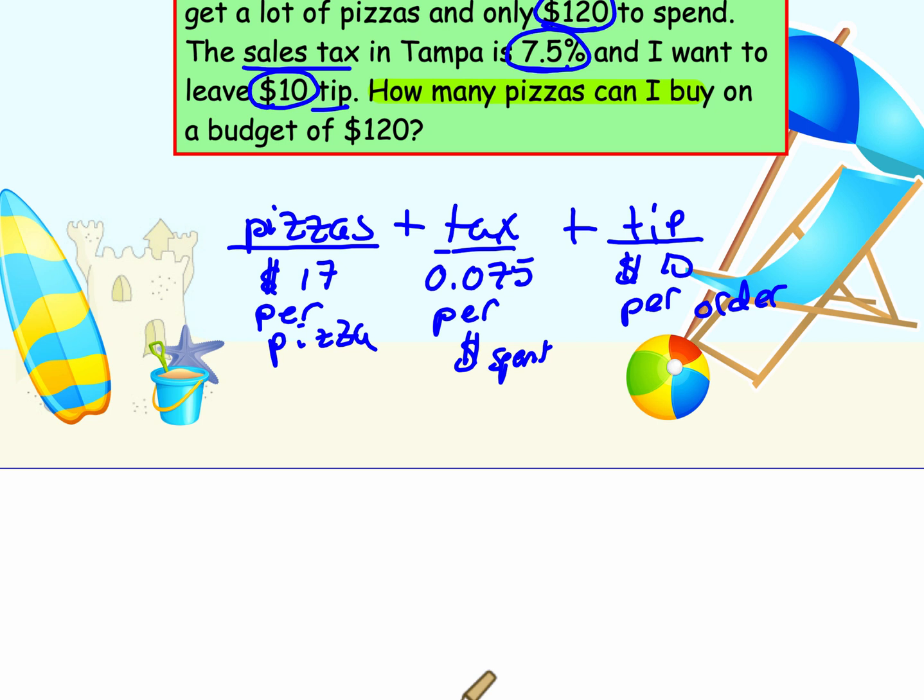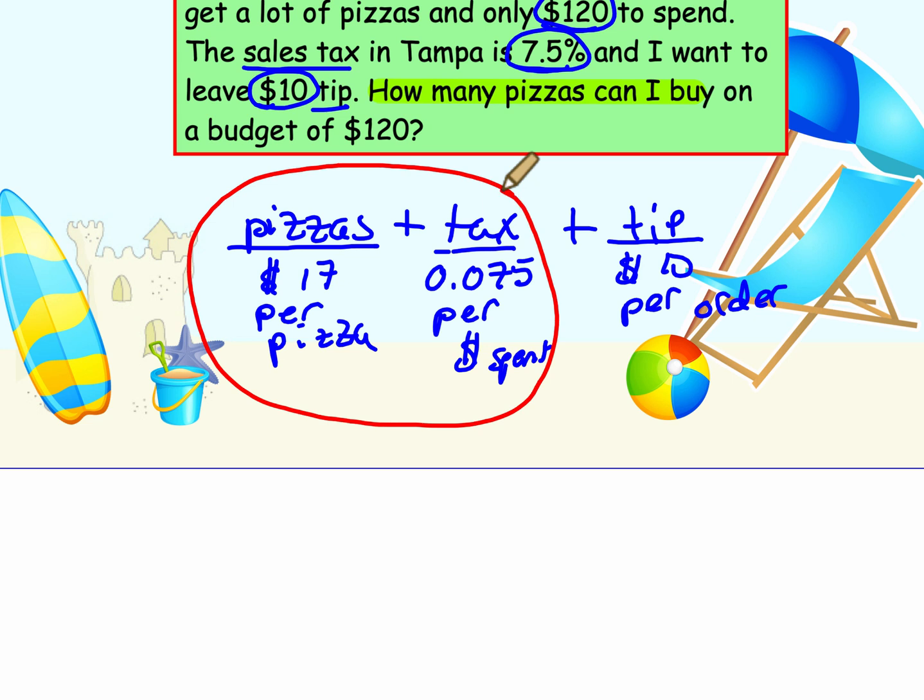When I'm thinking about it, I know that this part right here is where most of my money is going to be spent. And I know that my total of these 3 things has to come up to 120 at the most. And I know that the $10 can go in a little category all by itself.